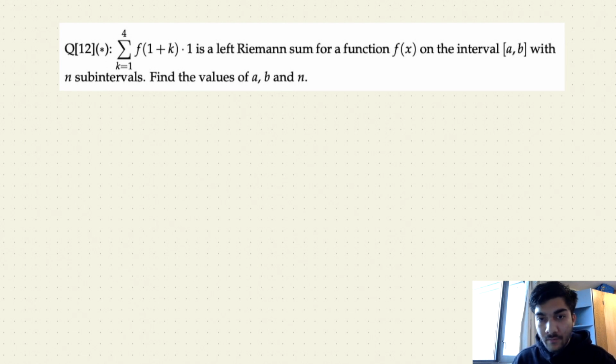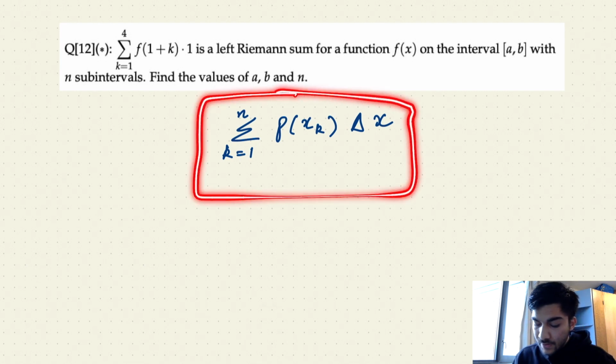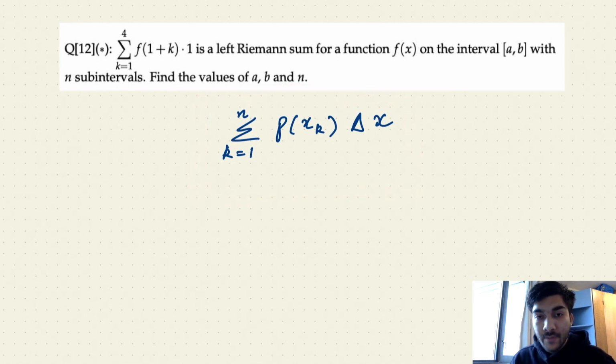Whenever you have this question, you will basically first write the prototype of a Riemann sum, which is represented by sigma k equals 1 to n f(xk) delta x. So this sigma notation over here is the basic representation of a Riemann sum. What makes it a left Riemann sum or a right Riemann sum, we'll cover that portion right now.